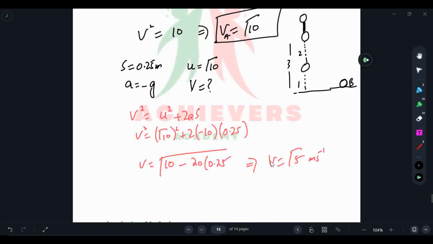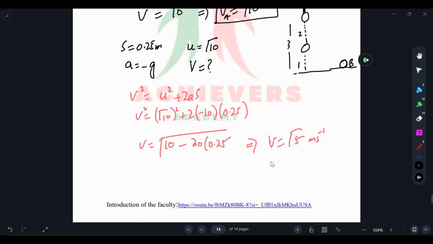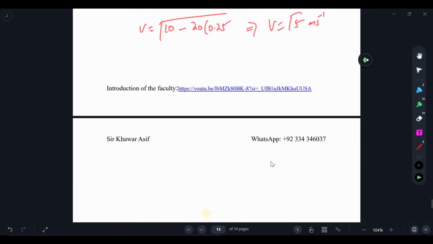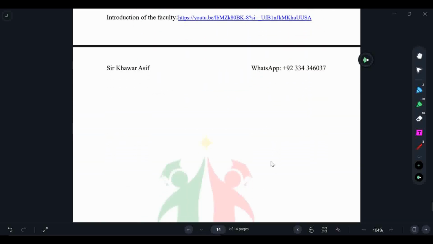Now again we have to see that because of gravity it will move further in the upward direction. So for that time duration, u is now square root of 5 and the final velocity till it stops will be 0, acceleration will be minus g, and we have to find the time.